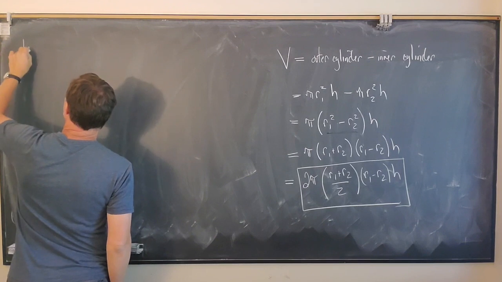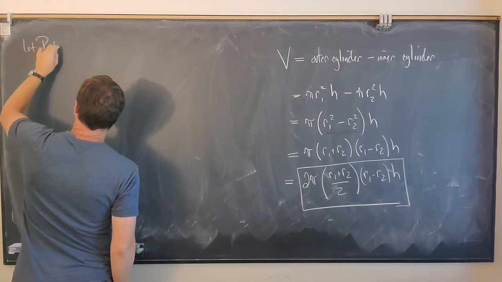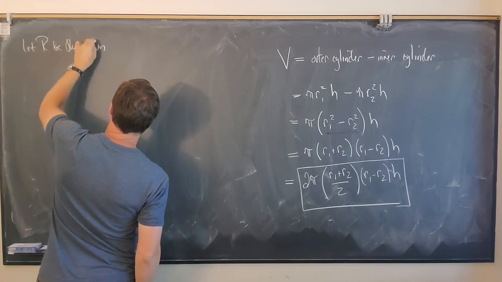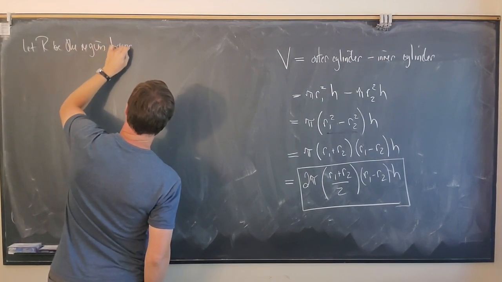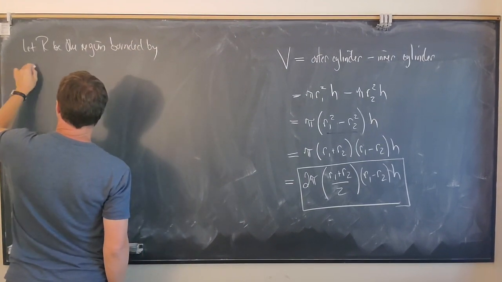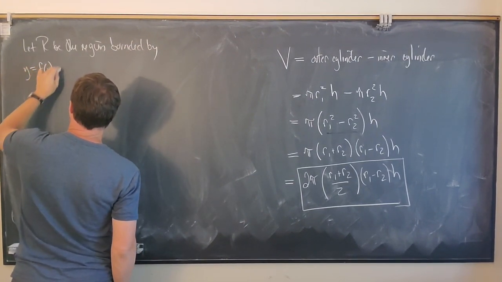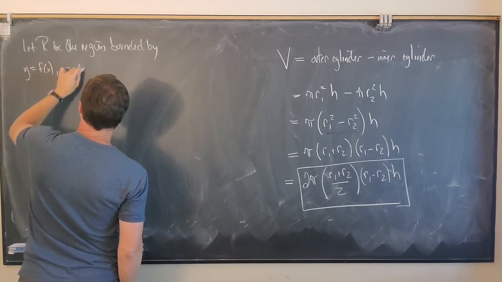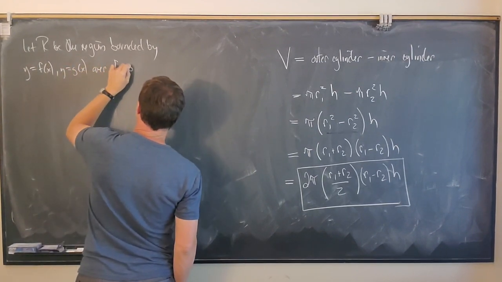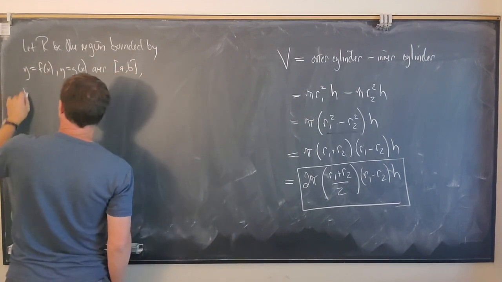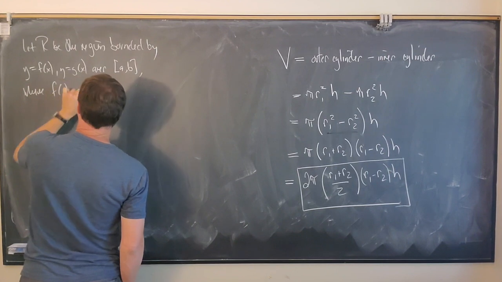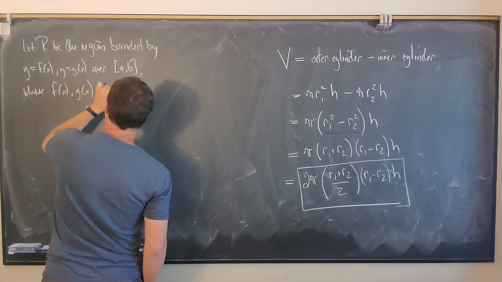So let's let R be the region bounded by the graphs y equals f of x, y equals g of x, over the interval from a to b, where we need our functions, f of x and g of x, to be continuous.